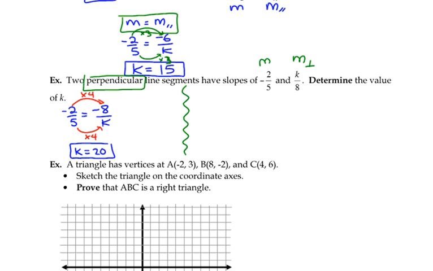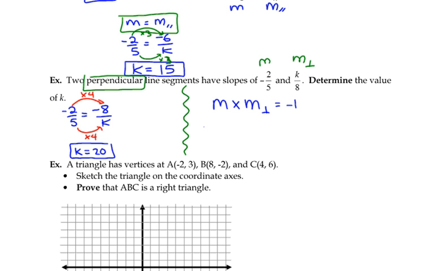The other option is we learned about a property about perpendicular slopes. What's the property? Remember the property with perpendicular slopes that'll always happen? When we multiply them together, it always equals negative 1. So they give us our slope and our perpendicular slope.